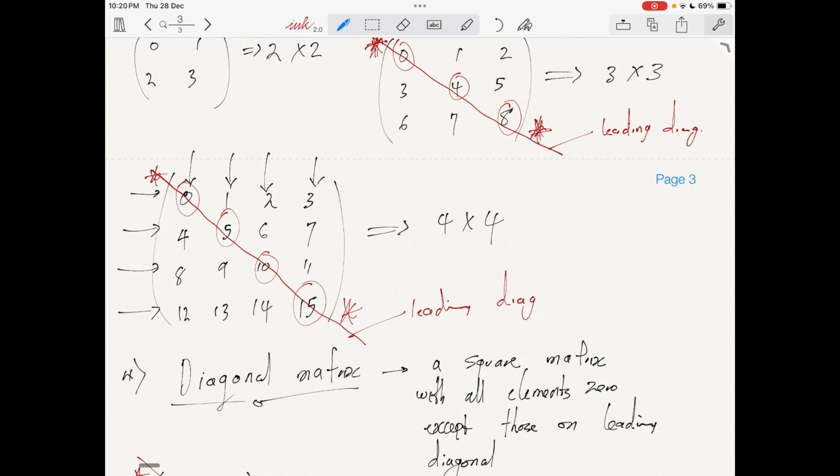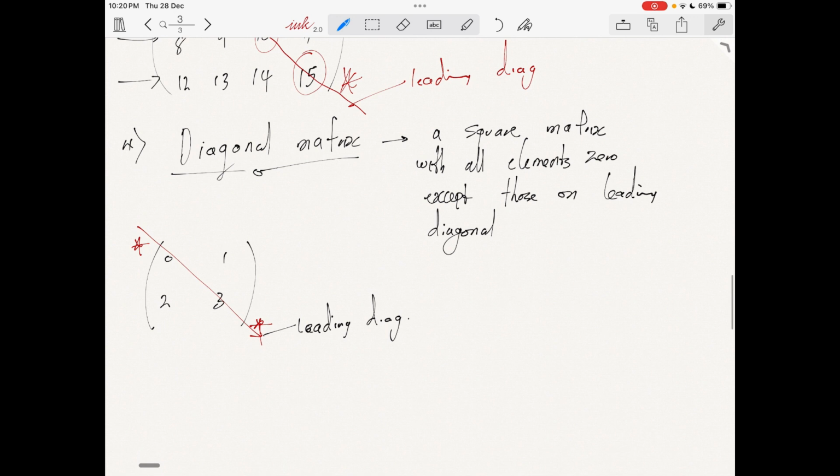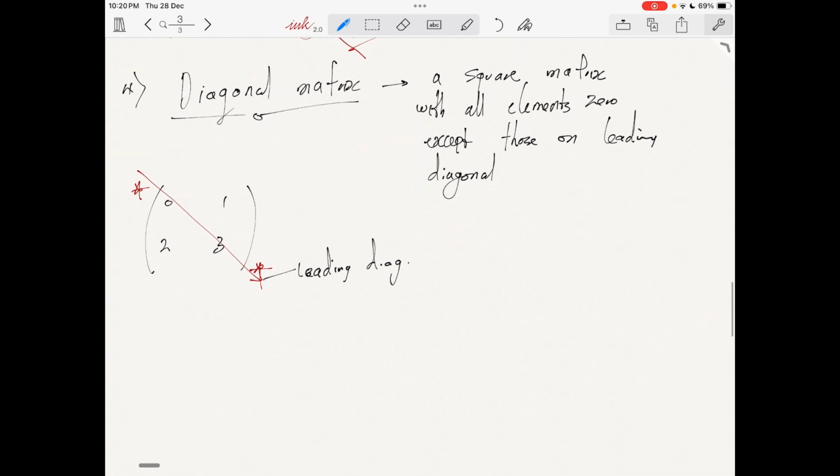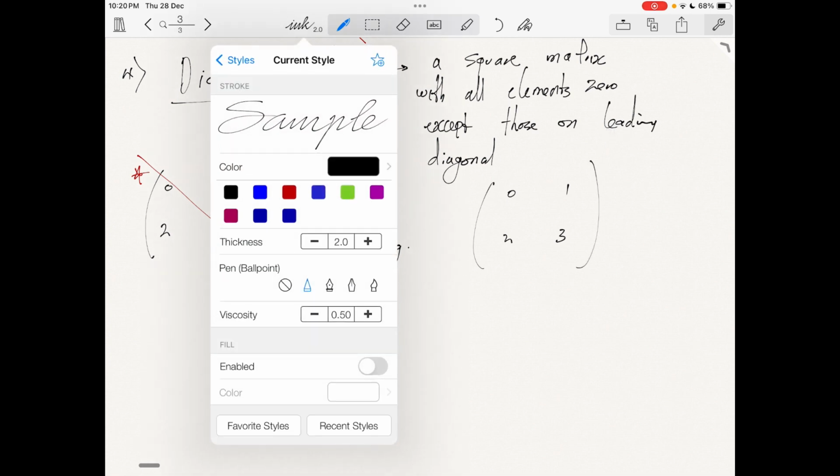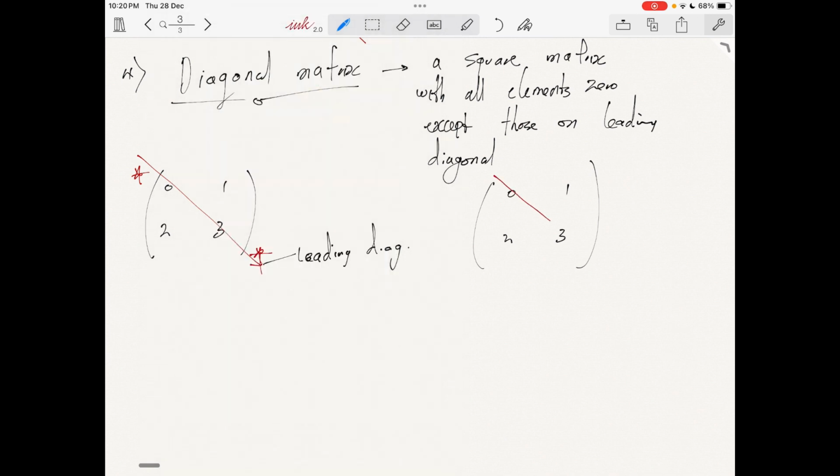Now a diagonal matrix is a square matrix in which all the elements are 0 except those on the leading diagonal. So the first thing we have to do is to have a square matrix. Let's just have a square matrix of, let's say, 0, 1, 2, 3. Now what is the leading diagonal? We know that the leading diagonal is this.